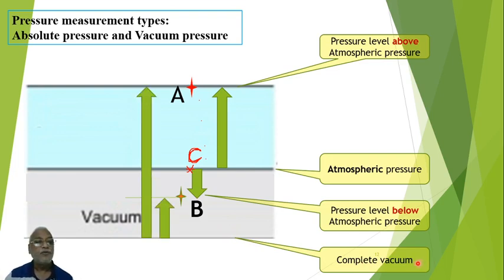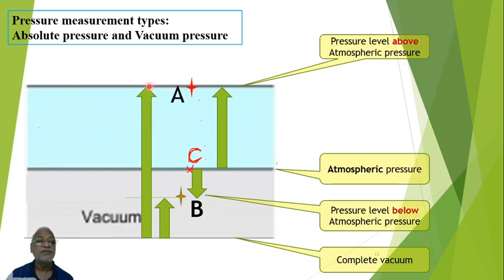Now there is one more way of measuring the pressure. Here, the pressure at A and B is measured with respect to atmospheric pressure, how high it is and how low it is, as we have seen. But the same point pressure can be stated with respect to complete vacuum.